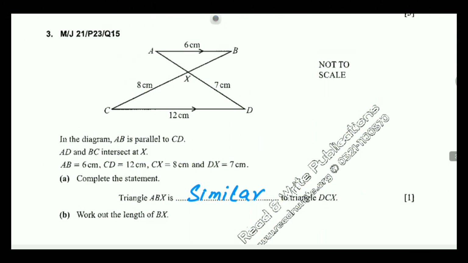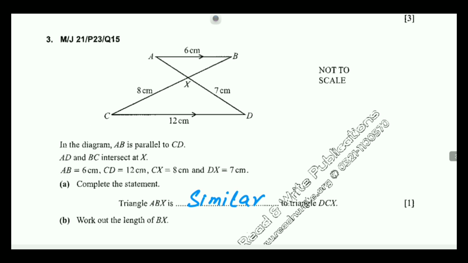So part B, work out the length of BX. So how to solve this part? Length of BX we have to find. So if these triangles are similar, then we will use the ratio method. Ratio of corresponding sides will be equal. So how we will apply ratio of corresponding sides? This is the corresponding side of this side. So we can write here 6 by 12.